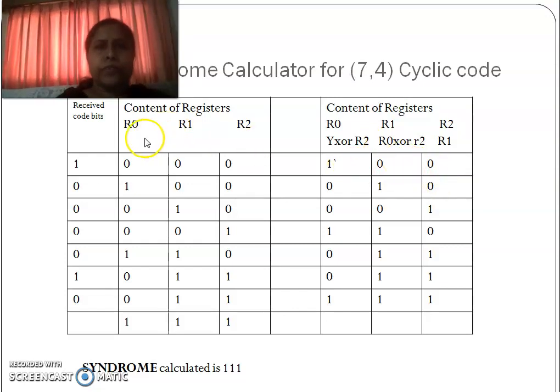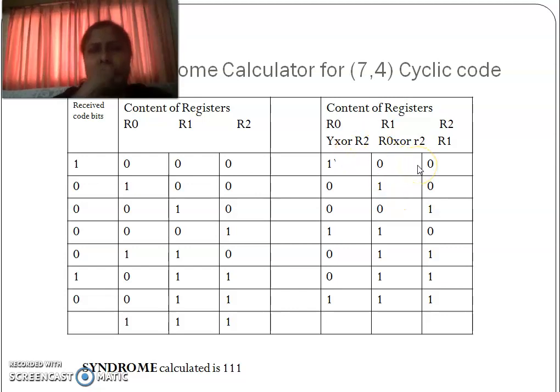So the first column refers to the content of R0, the second column refers to the content of R1, and the third column refers to the content of R2. Similarly, the first column here refers to the content of R0 after the calculation takes place.